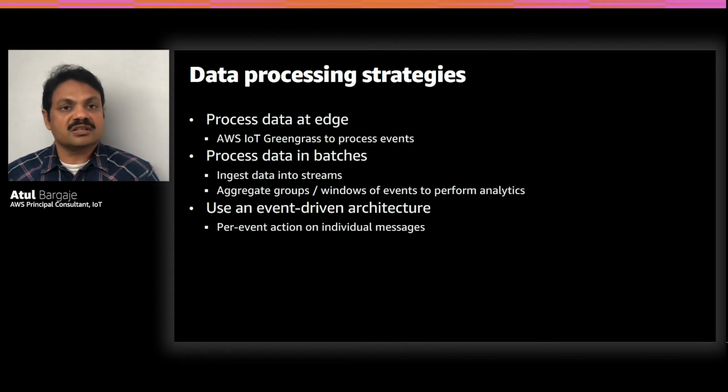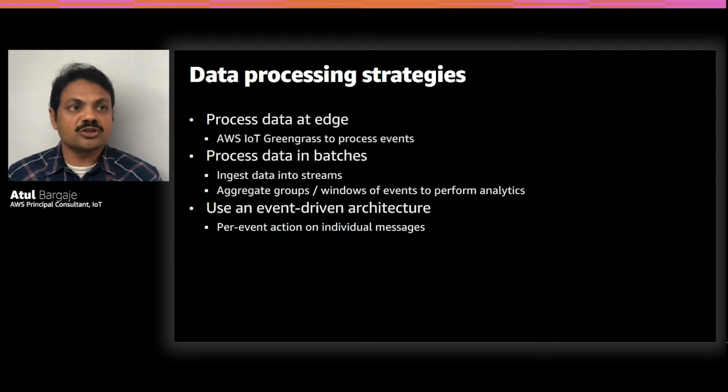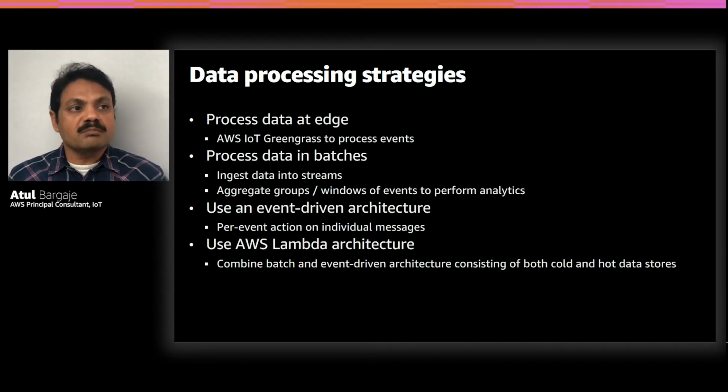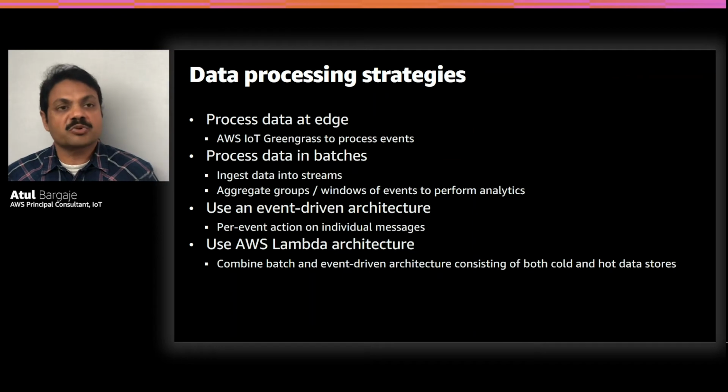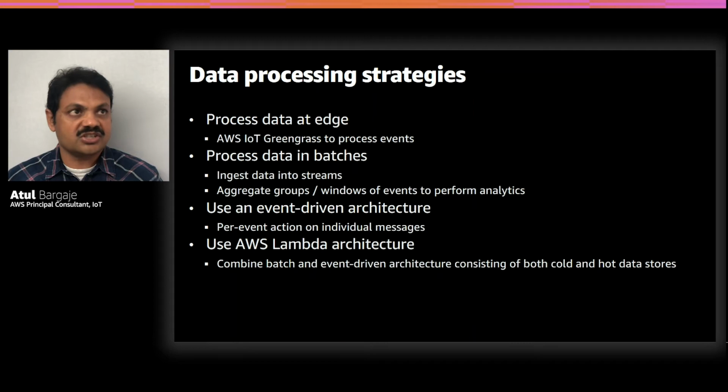If you need immediate action in response to the events, you would want to use some sort of event-driven architecture to process the messages coming from your sensors. You could also combine batch processing and event-driven architecture into some sort of a Lambda architecture. And that is something commonly used in industry these days, where you have combined event-driven and batch processing architecture.